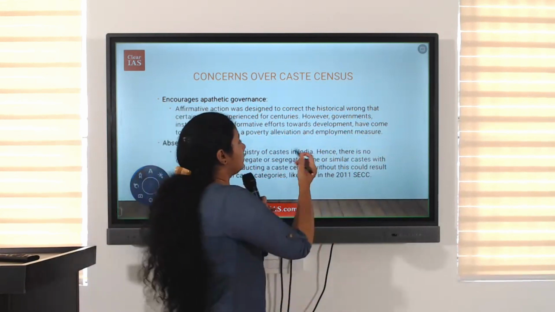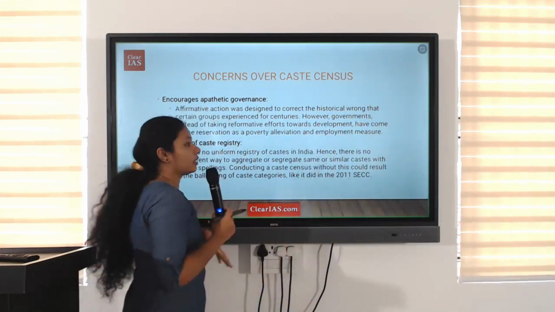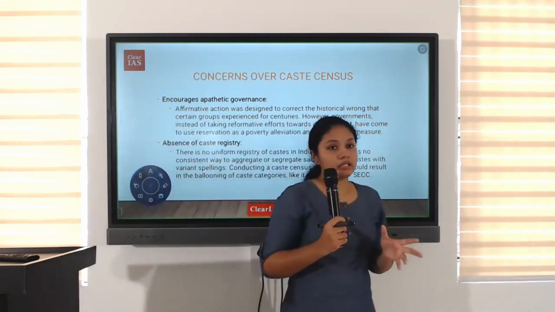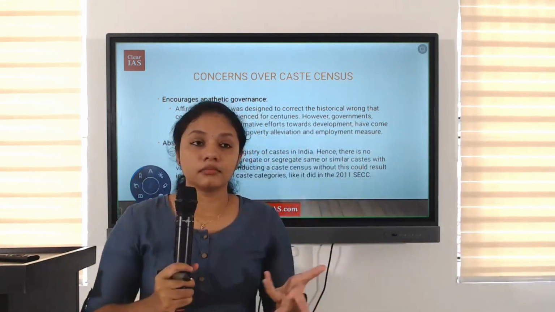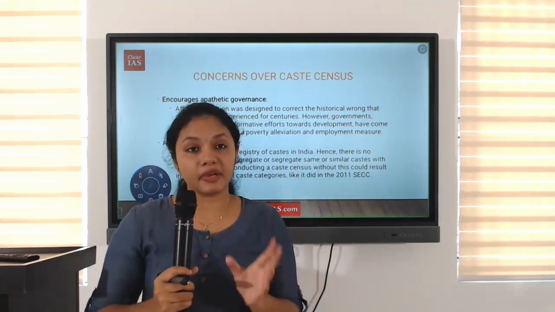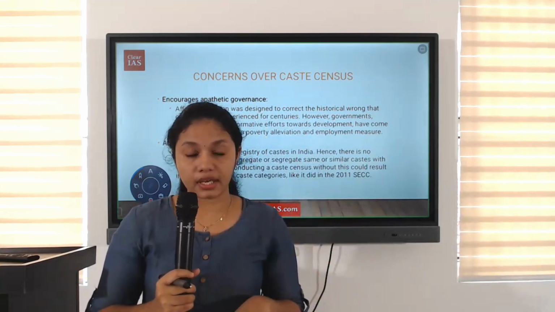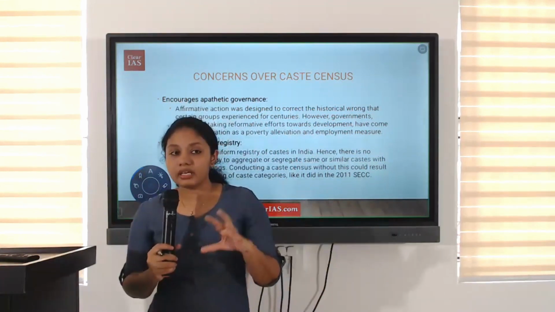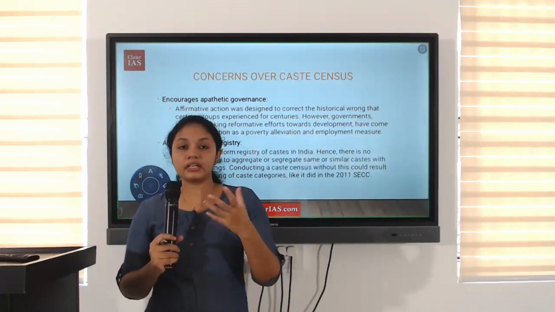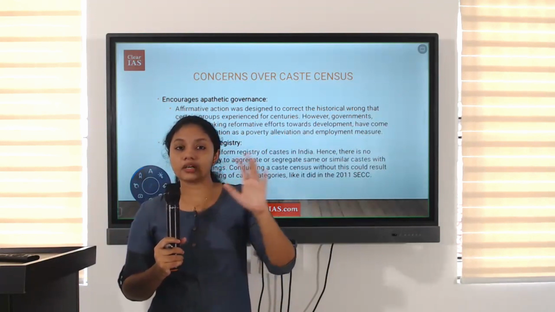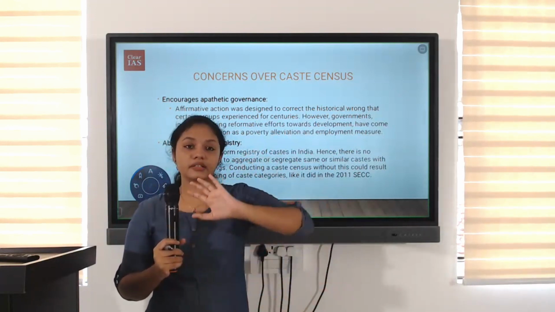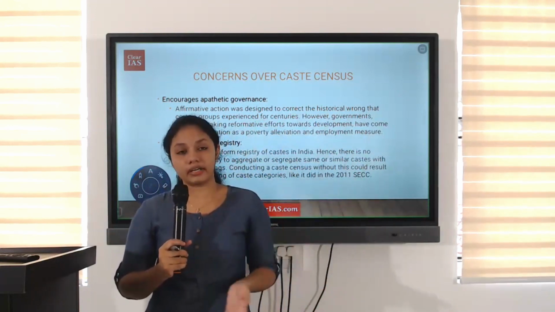This means that if reservations have come, many schemes for their upliftment are used by the government. So this may not be in a uniform way. If we have data based on caste, the government will be addressing only that. They won't be addressing the overall development for poverty alleviation.